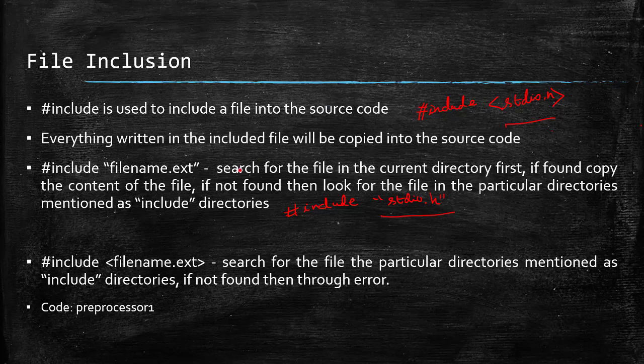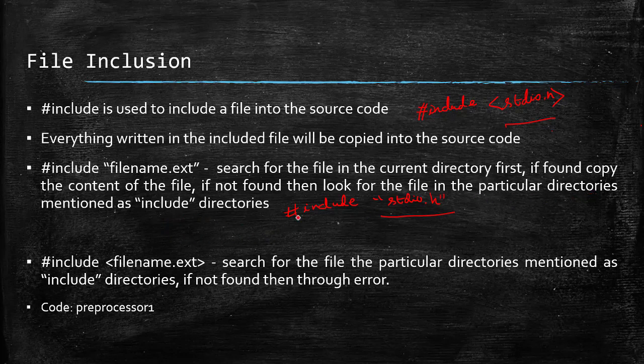In the case where we mention the file name in double quotation marks, it will look for the file, in this case the stdio.h file, in the current directory first. If found, it copies the content of the file, which is the purpose of hash include, into your source file. If not found, then it will look for that file in the particular directory called the include directory.